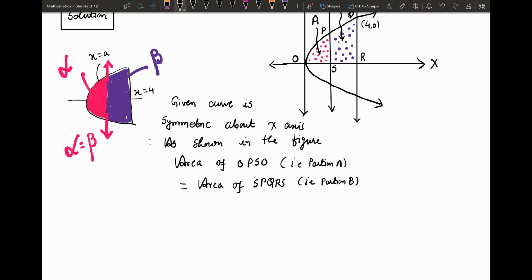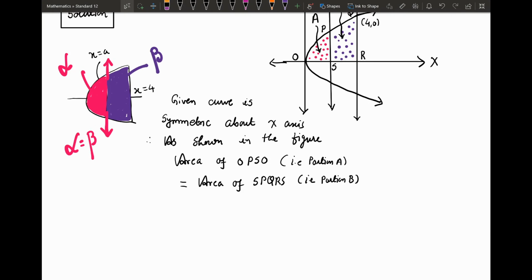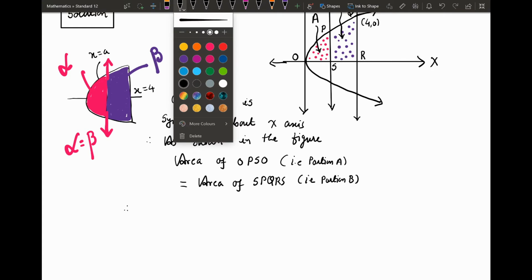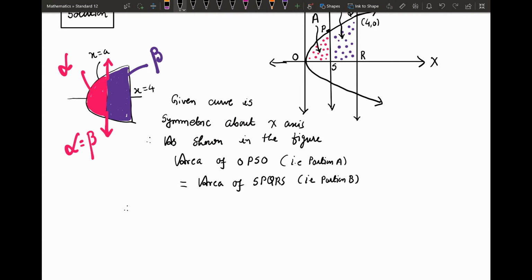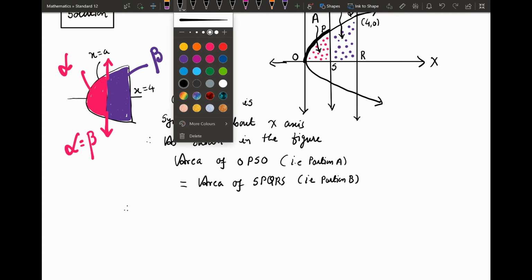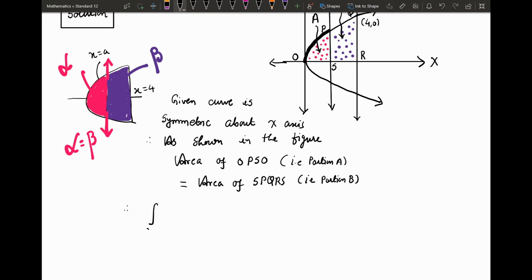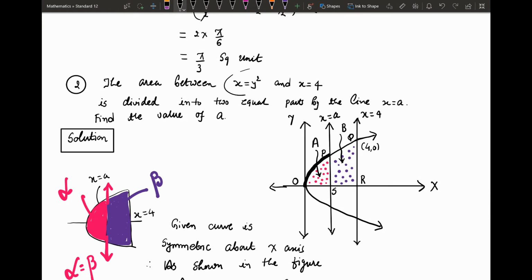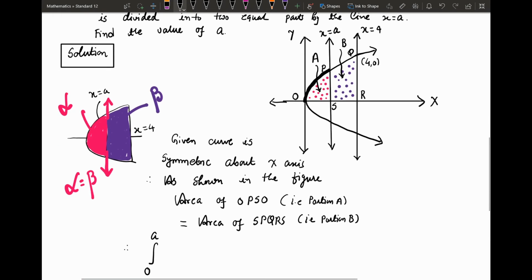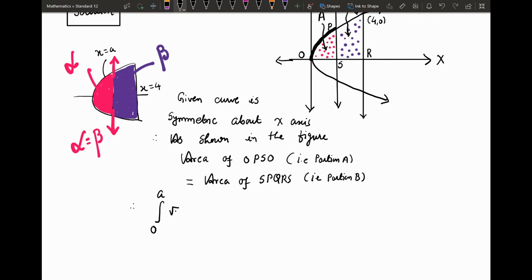We have given. Now area of A. So here the curve is parabola, where y equal to root x. Area of A, limit 0 to a, y as a function of x from the parabola y square equal to x, so y equal to root x dx.